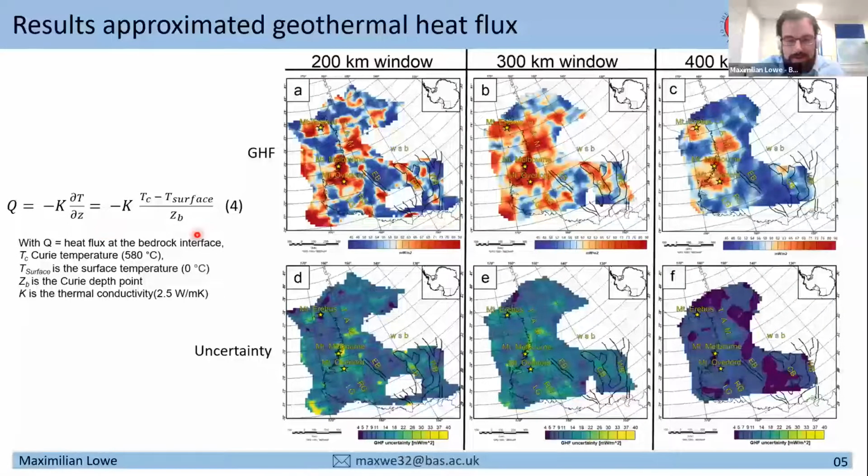But regardless, that's our result. And what we see is that beneath the Transantarctic Mountains, we have much higher geothermal heat flux, which is really interesting. But we also have linear features in the Rennick Graben, in the Lillie Graben, and in the central basin of the subglacial basins here.